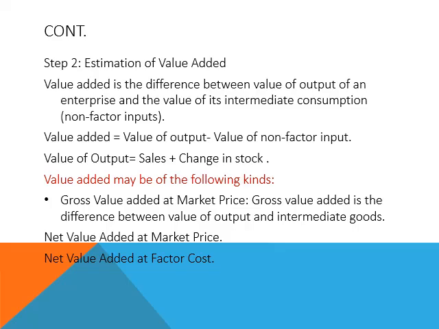Value added may be of the following kinds: gross value added at market price. Gross value added is the difference between value of output and intermediate goods.